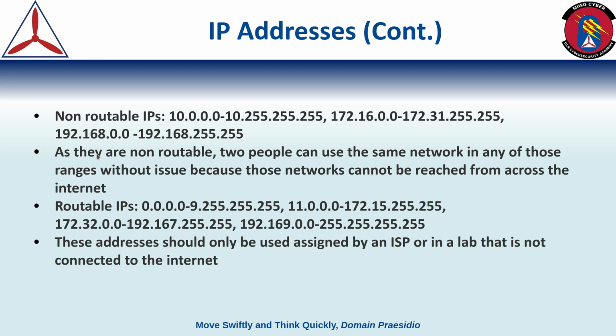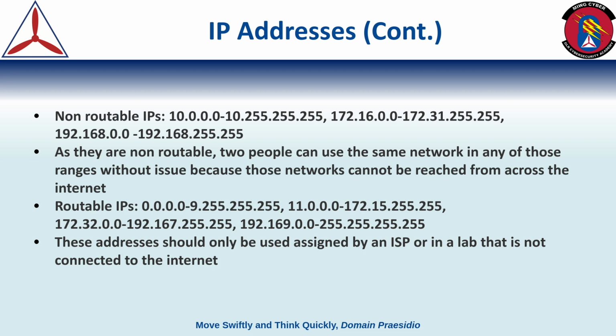So let's say I have a network of 192.168.0.1, that's the network that my home network uses. And let's say there's someone else who also uses the network of 192.168.0.1. This is not a problem because I cannot reach 192.168.0.1 over the internet because the ISP blocks that.